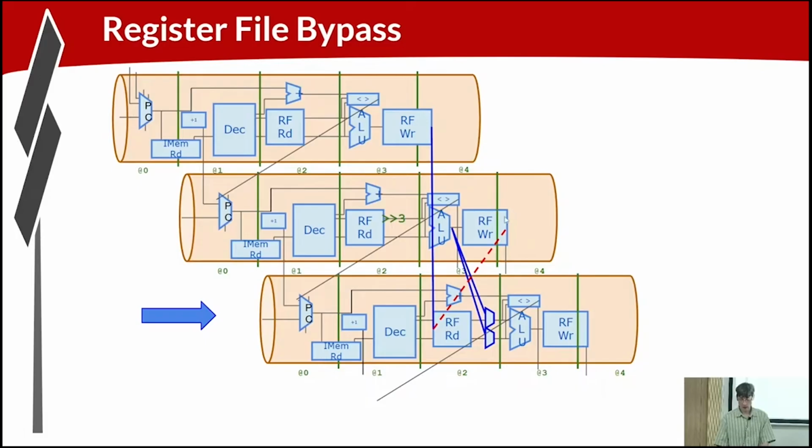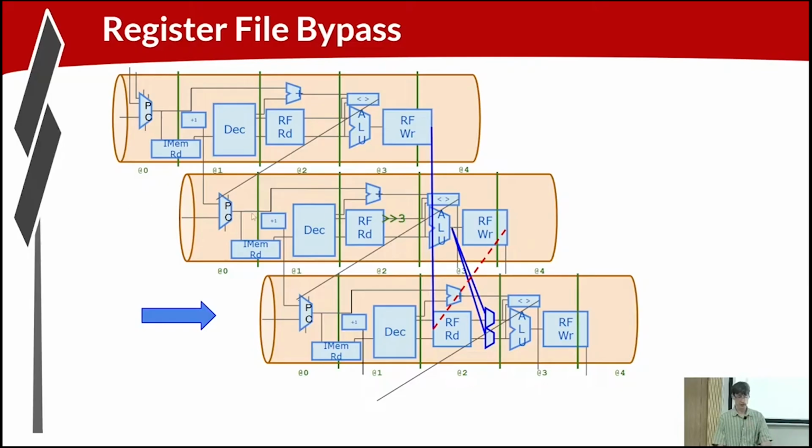So instead of getting that value out of the register file, we need to bypass it. We need to instead, in blue, grab the value from the ALU and forward that to the next instruction, to its ALU execution. So we need a multiplexer. The multiplexer on each source operand needs to be controlled by whether that source operand has the same index as a valid result produced by the previous instruction.